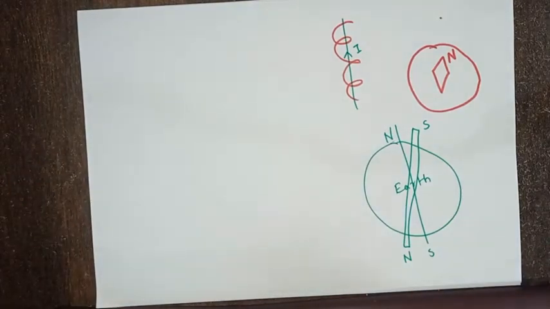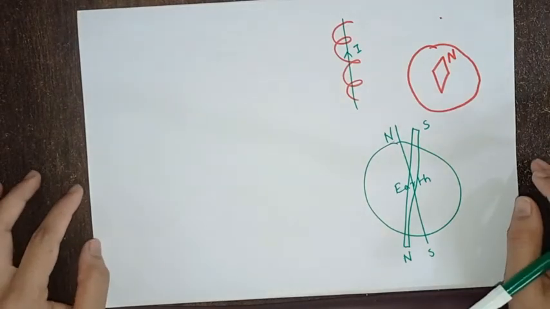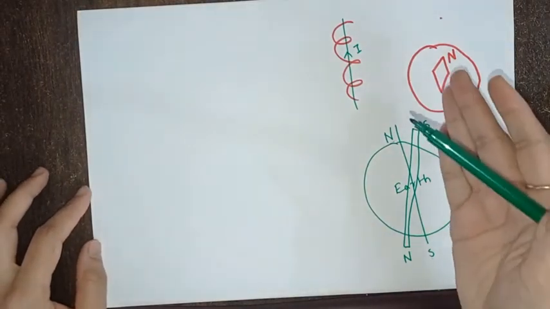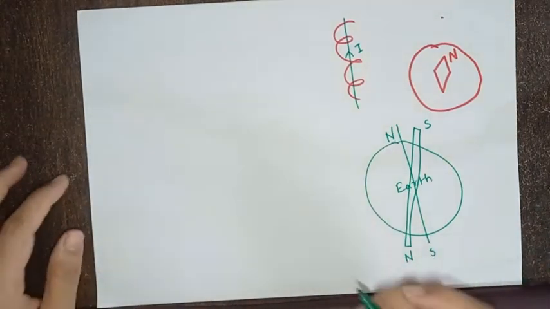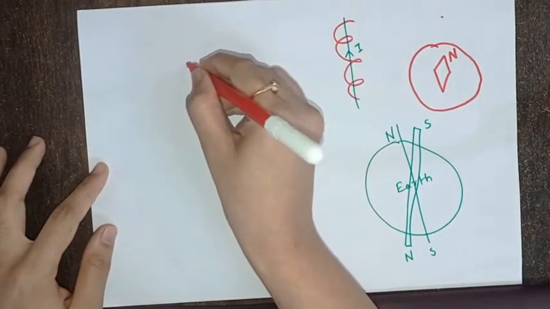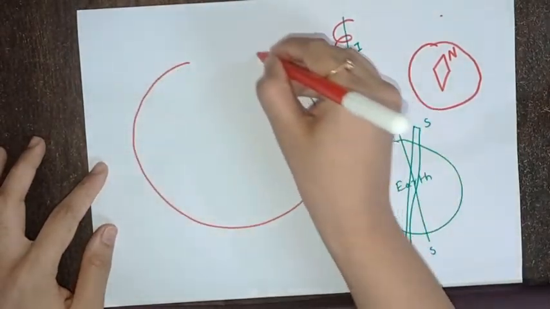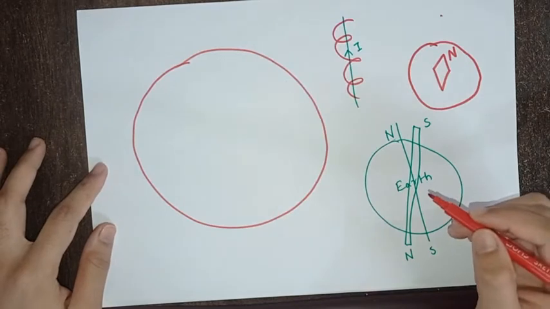In order to understand how current flows inside the Earth, we will have to cut Earth in half and study what's happening inside. So let's do that. We have this cross-section view of Earth.